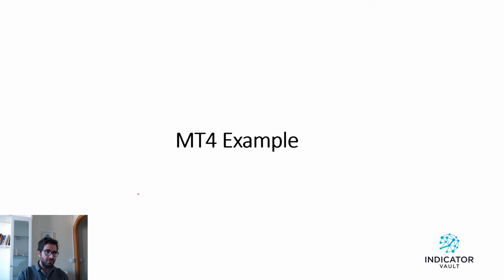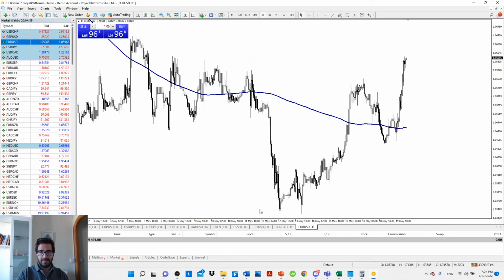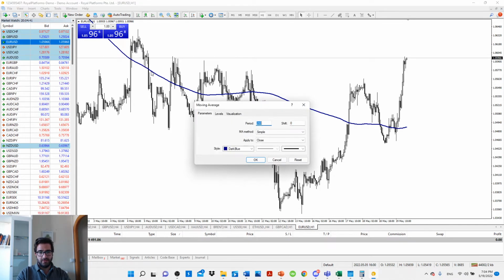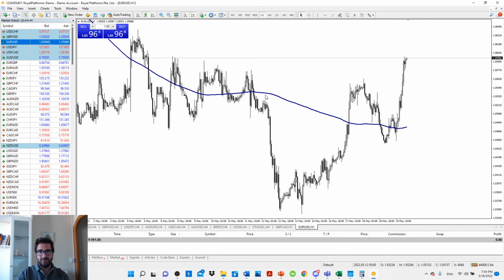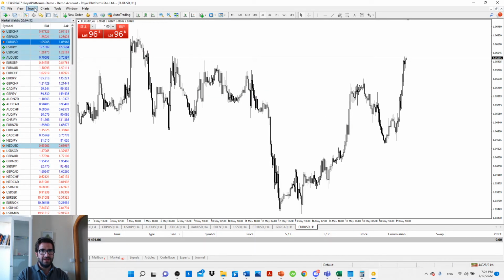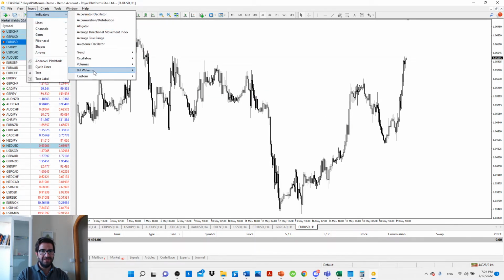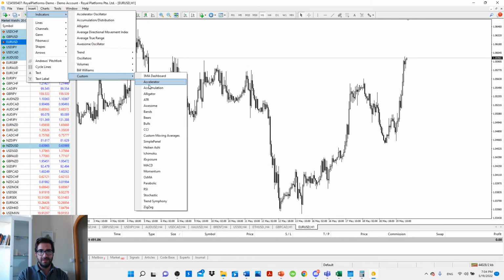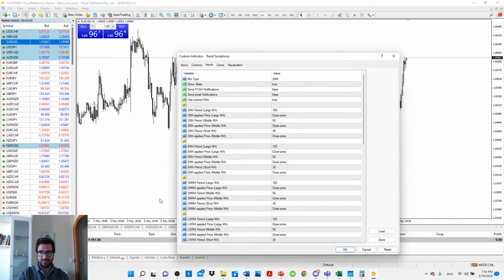Let me show you an example here. Let me first remove the moving average that we used for the previous example. Okay, let me add our previous indicator, which is here, Trend Symphony.